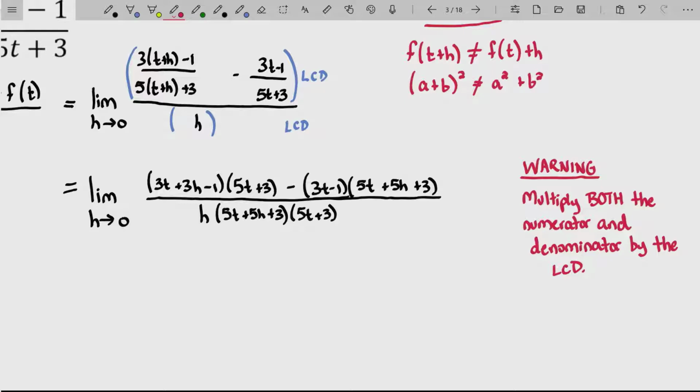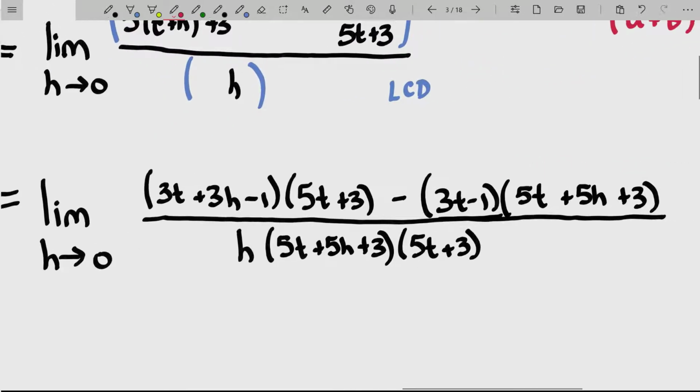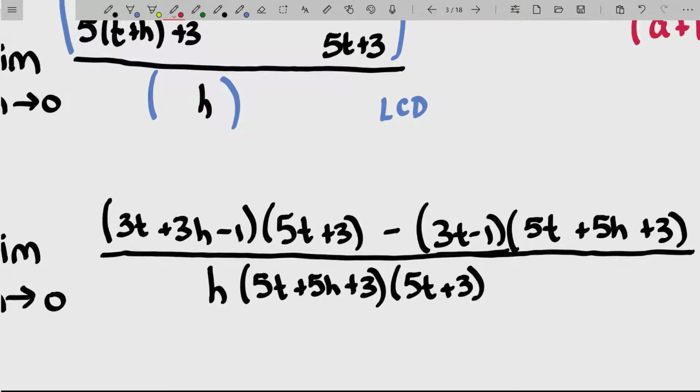When students make this mistake in a calculus class, I'm more forgiving because I understand it's kind of a new idea. But the idea is this: once you get to this point with this fraction, there's a lot of cleanup that has to be done. The distributions in the numerator should not be an issue. You should be able to do that.